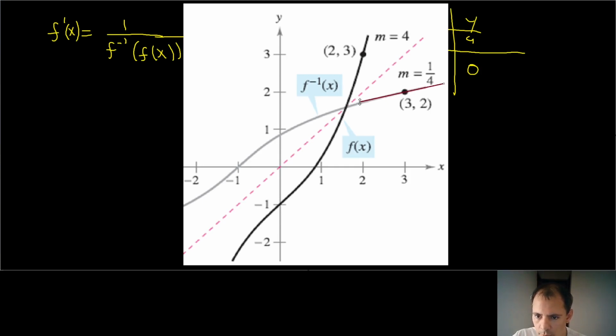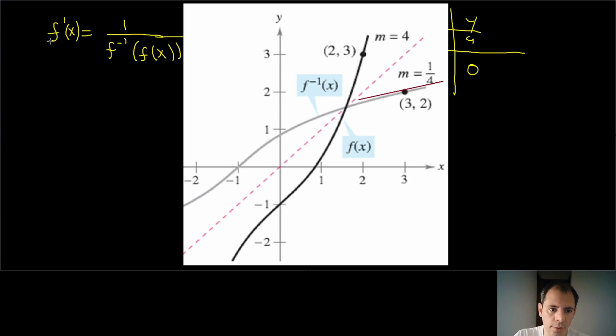That's the slope, and you see it goes 1 up and 4 units to the right. But because it's symmetric around the y equals x line, this one here has to be the opposite. It has to go 4 up and just 1 to the right. So that's why the slope is 4.